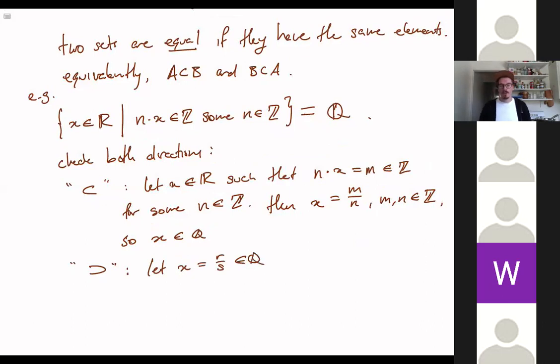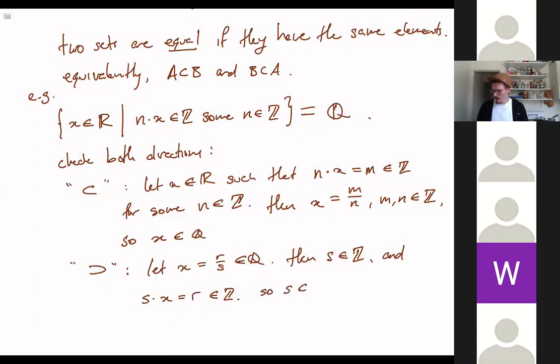So let's take an arbitrary rational number. We can write it as a fraction, because that is how rational numbers are written. Then, in particular, we can write it as a fraction where s is an integer. And also, s times x is r, which is also an integer.